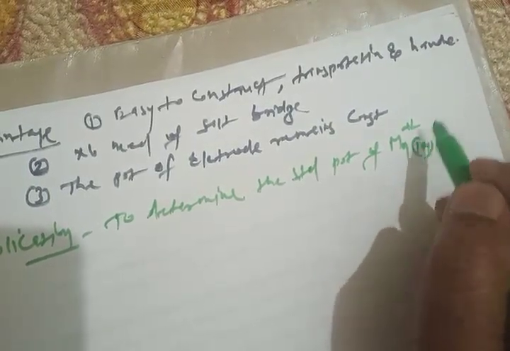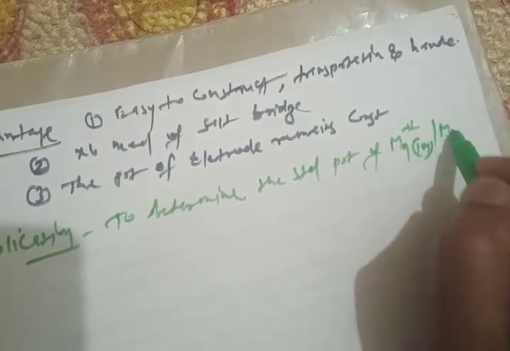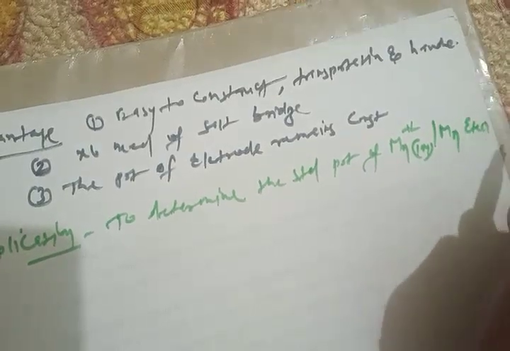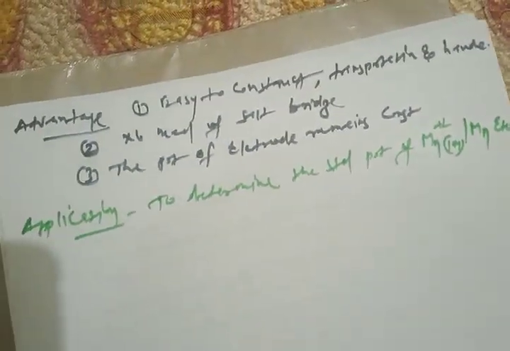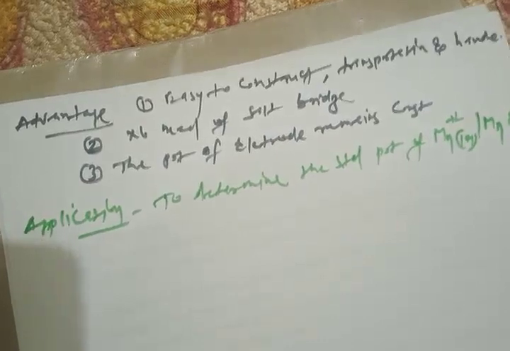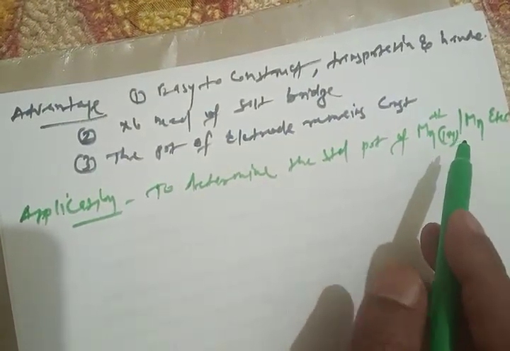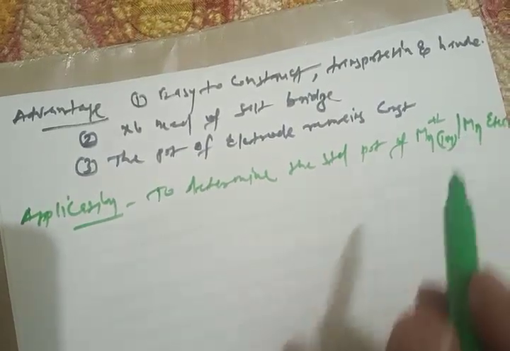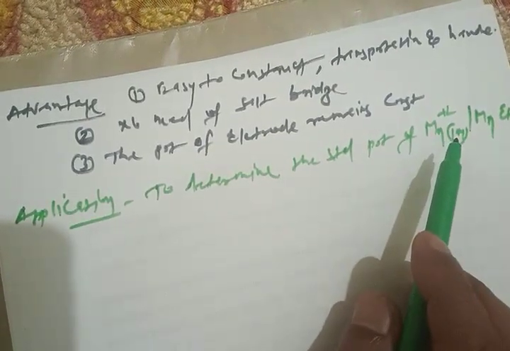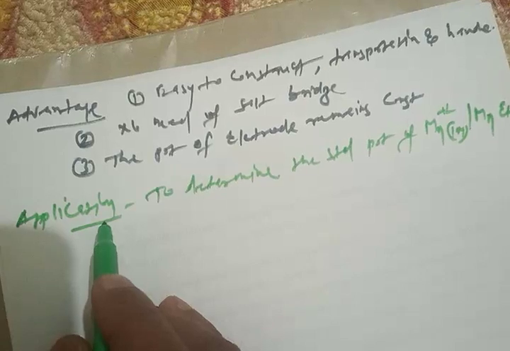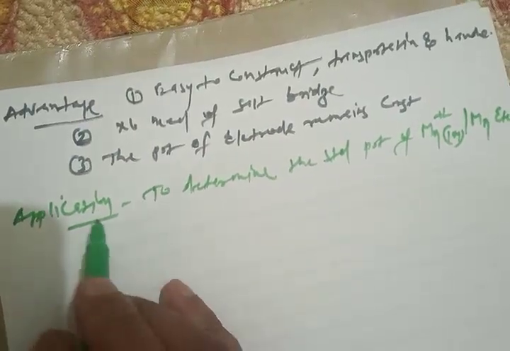You can take the concentration as 1 M. This is very important. So how will this be determined? What do we need to determine? So we will take the calomel electrode as a standard.